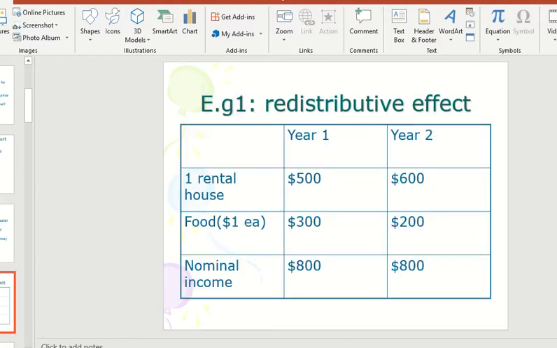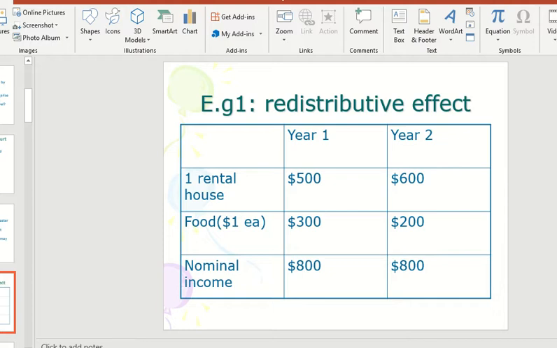So let's take a look at a few simple examples to see how inflation can serve as a redistributive mechanism of income and wealth. So here's a case. We simplify things by assuming that there are only two types of goods that are consumed in this economy: house and food.